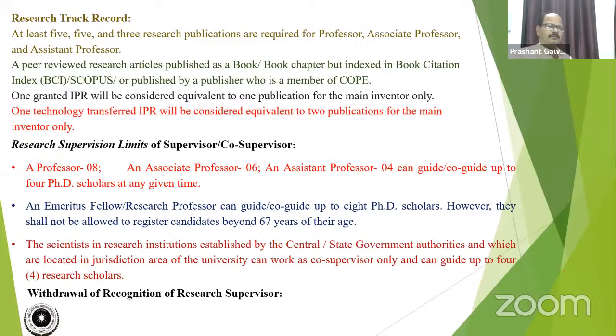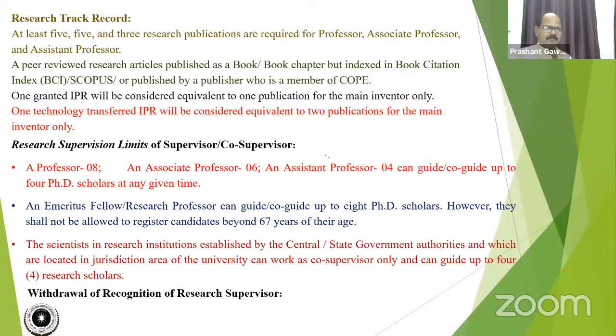Another requirement is a track record of research: for a professor or associate professor, 5 publications, and for an assistant professor, 3 publications in peer-reviewed journals.